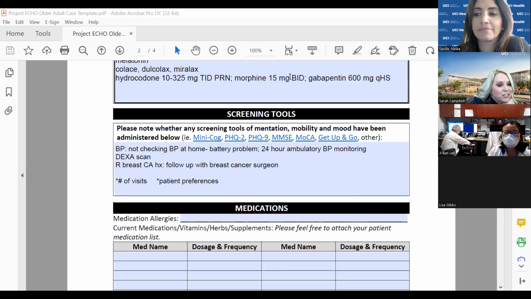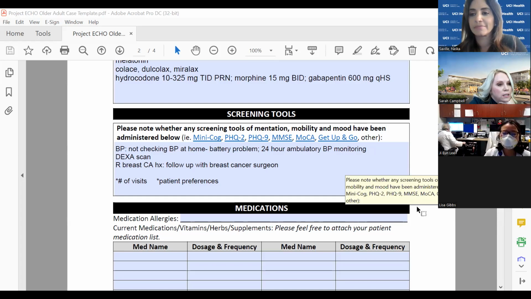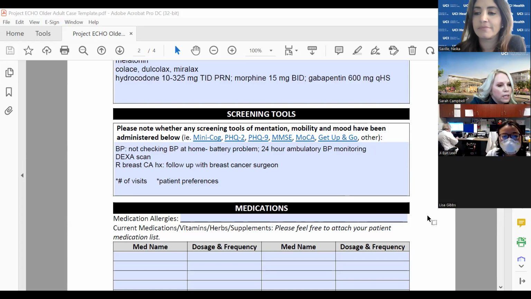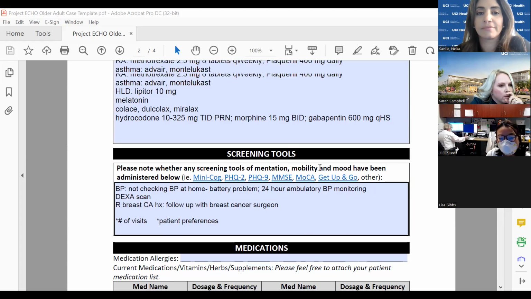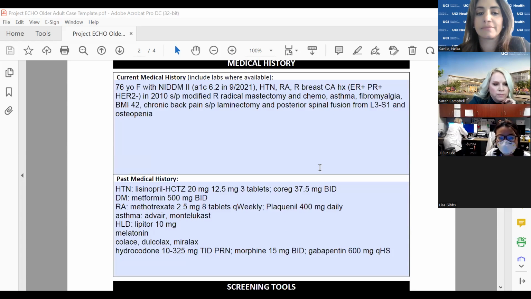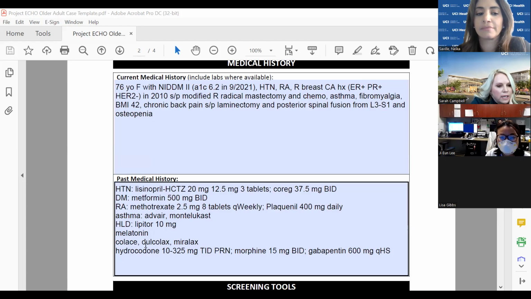That's a great question. I would approach this from a couple of things. I would definitely want to screen her for some depression, given that she has multiple chronic conditions, and it looks like she's probably experiencing a high level of pain.